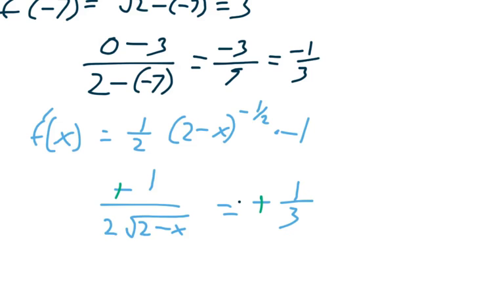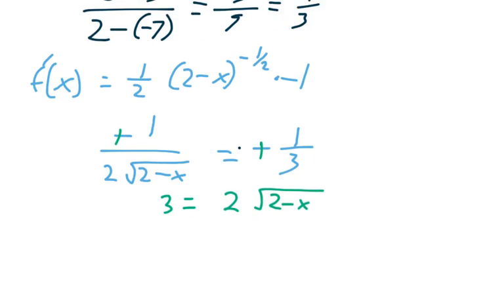By multiplying by -1 on both sides, those two negatives can go away. And I'm going to cross multiply just to get rid of these fractions, or we could just take the reciprocal of both sides.